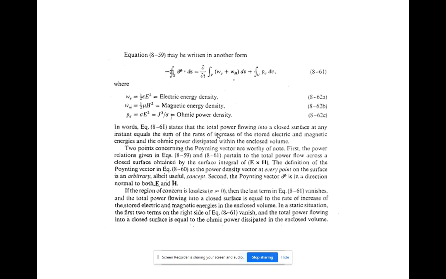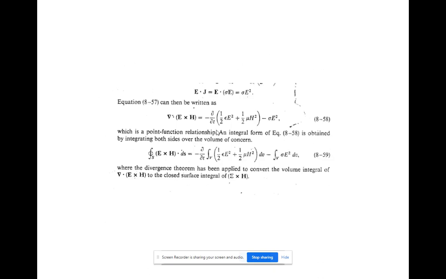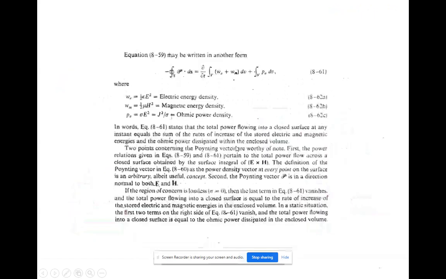So two points concerning the Poynting vector are worthy of note. First, the power relation in the 59th equation will give you the total power flow across a closed surface, which is obtained by the surface integral of E cross H. So the Poynting vector is nothing but the power density vector at every point on the surface, which is arbitrary.